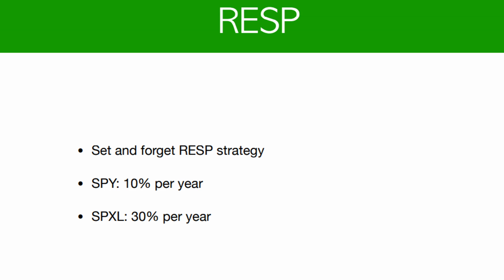That means if the S&P gets 10%, SPXL gets 30%. And if you get 30% every year for 10 years, then it will be 10 times. And if you do it for 18 years, then it will be 100 times. So that's why you don't need to put that much money into SPXL. You just need to put a little bit of money and let compound interest do its work.